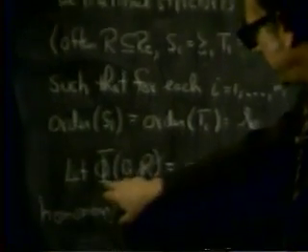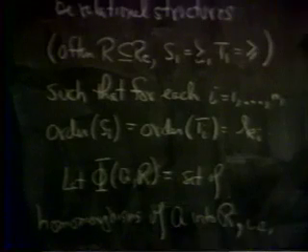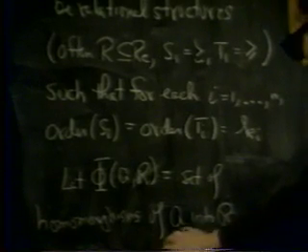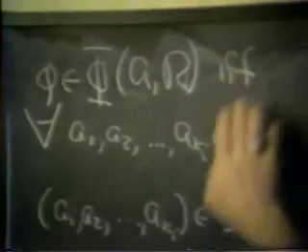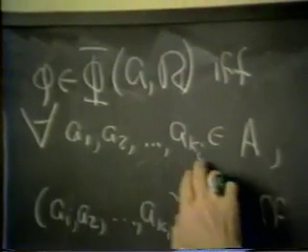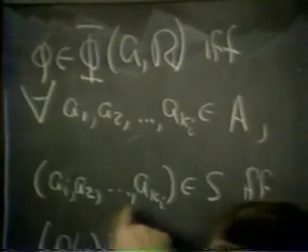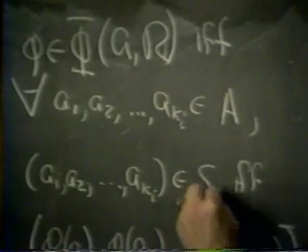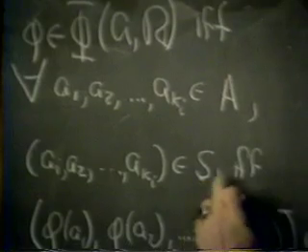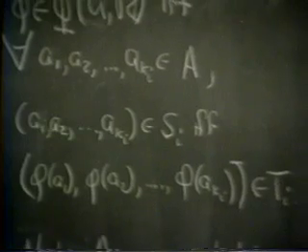I'll let capital Phi(A, R) denote the set of all homomorphisms of the relational structure script A into script R. That is, little phi is a member of capital Phi if and only if for all K_i-tuples of elements in A, that K_i-tuple is in the relation S_i if and only if the image of it is in the relation T_i.